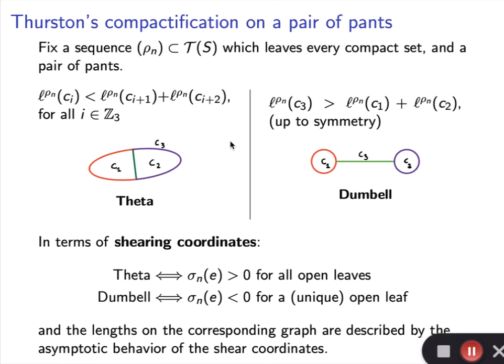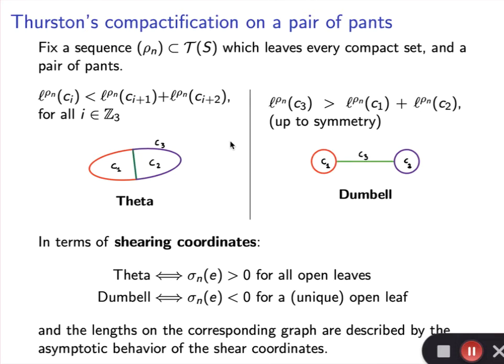We can do this description not just in terms of length, but we can do it in terms of shearing coordinates. And what's happening is that when we look at the graph, this condition about the length functions not growing comparably with each other is the same thing as saying that on all the open leaves the shearing coordinates are positive, and the description of the length functions on a dumbbell is the same thing as saying that the shearing coordinates along one of the open leaves is negative.